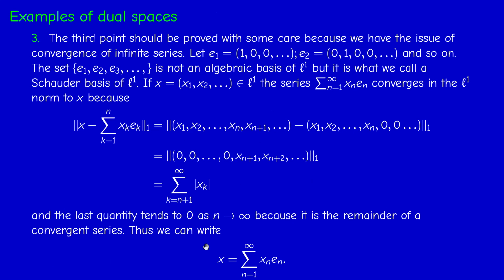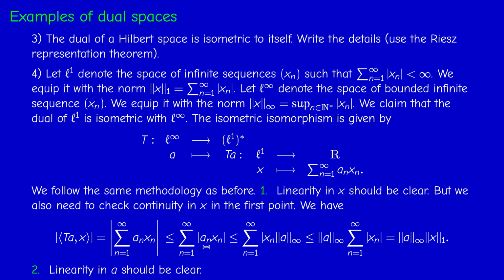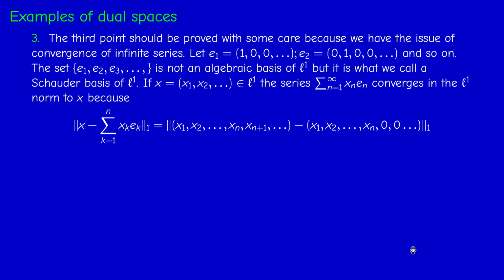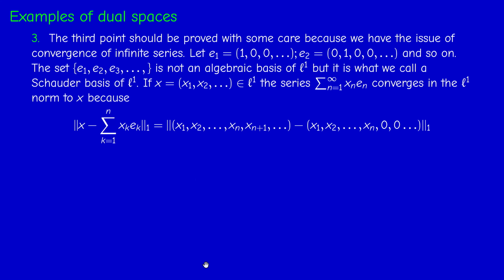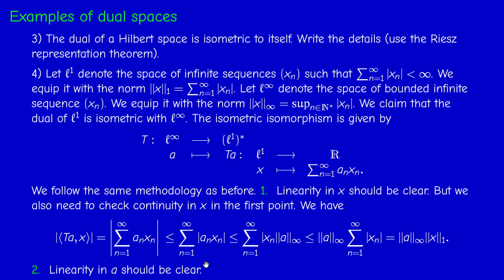The inequality that we established in part 1 to prove that T_A is well defined tells me that T_A of x is less than this product. So when I take the supremum over the unit ball, I get the norm of T_A is less than the norm of A infinity, of course.